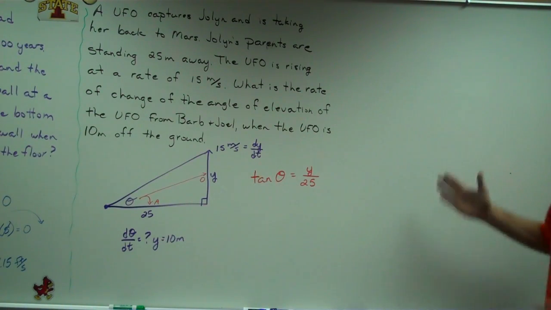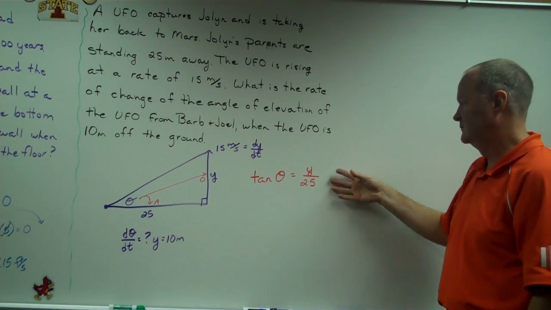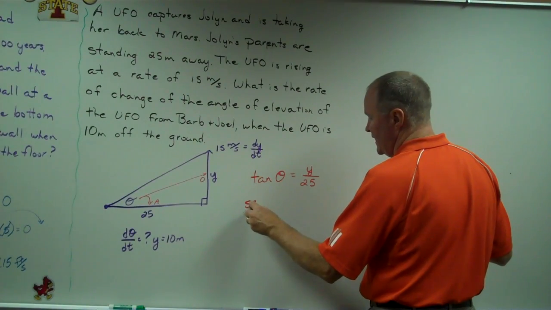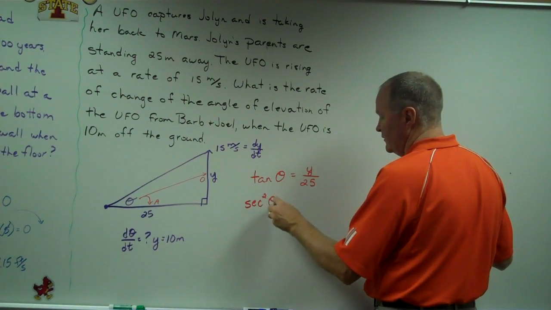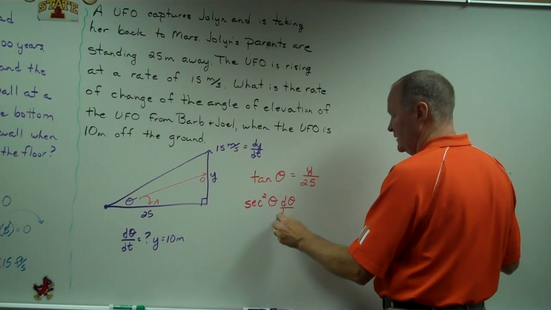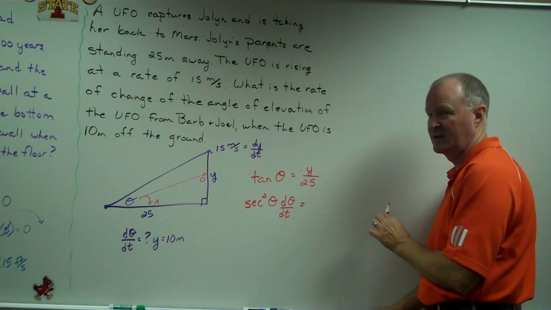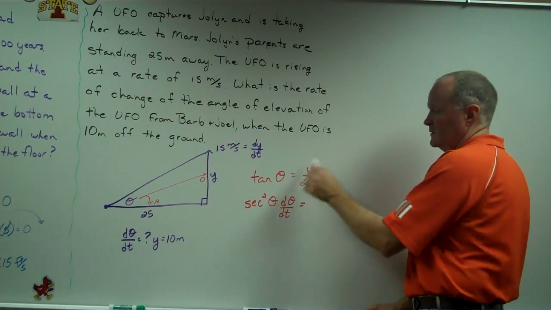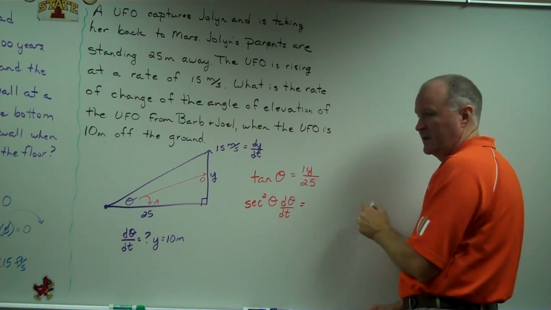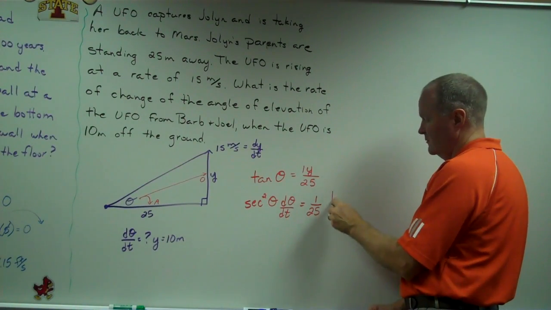Simple looking equation, and it really is when you got angles usually. So now I got to differentiate. Secant squared theta d theta/dt. And here's the derivative. You guys all got confused. It's just like the 1/25 is along for the ride, and the derivative of y is just 1.